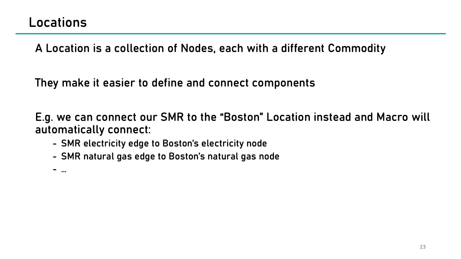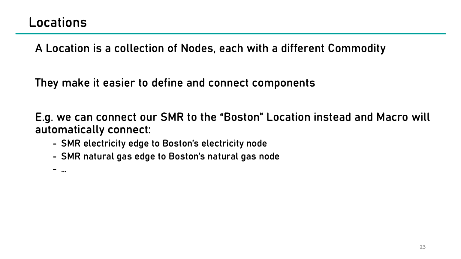We can say there's District 1, and if I ever connect something that needs or supplies a commodity, under the hood Macro will automatically generate those nodes for me. So it's a way of abstracting it. So if that SMR system, the steam methane reforming system we had in the previous slide, was connected to a Boston location, then Macro would know under the hood that it needs some supply of electricity and natural gas, and it needs somewhere to put the hydrogen and CO2 afterwards.